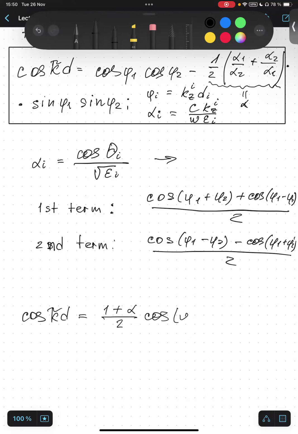Cosine phi 1 plus phi 2 plus also 1 minus alpha over 2 cosine with minuses. Sorry.